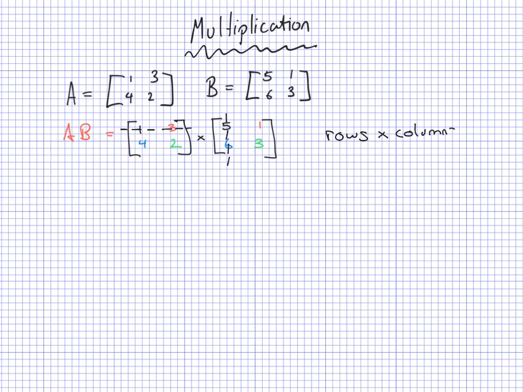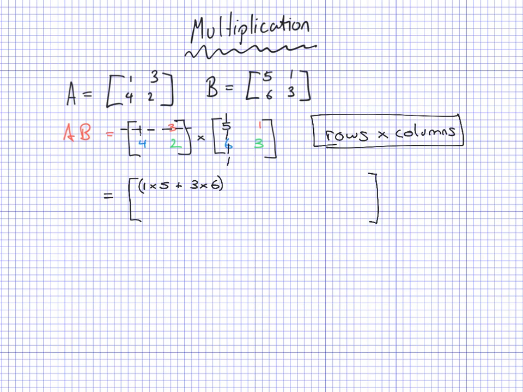Remember that. That is the most important thing and probably the catch cry that I will say constantly just to annoy you. All right, so rows. So first one, 1 by 5 plus 3 by 6. Now the answer to that is going to be the number in the top left position of the answer matrix.